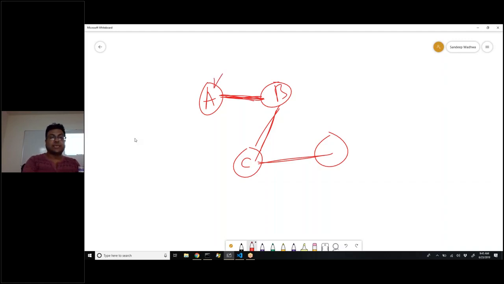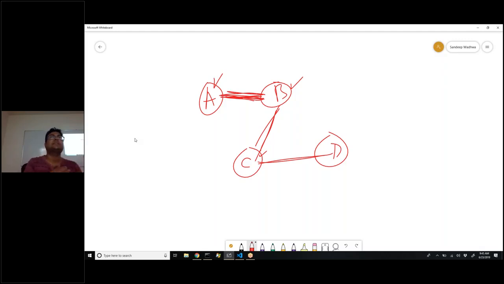But what if these were cities? A, B, C, D are cities, and we say these cities are connected to each other by road. Can this have weight associated with it? What will be the weight representing? Distance is 1. Time. It is basically based on the problem that is given to us.